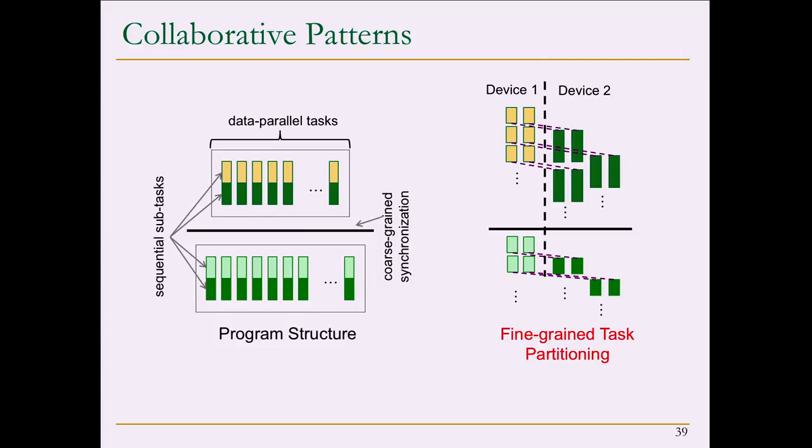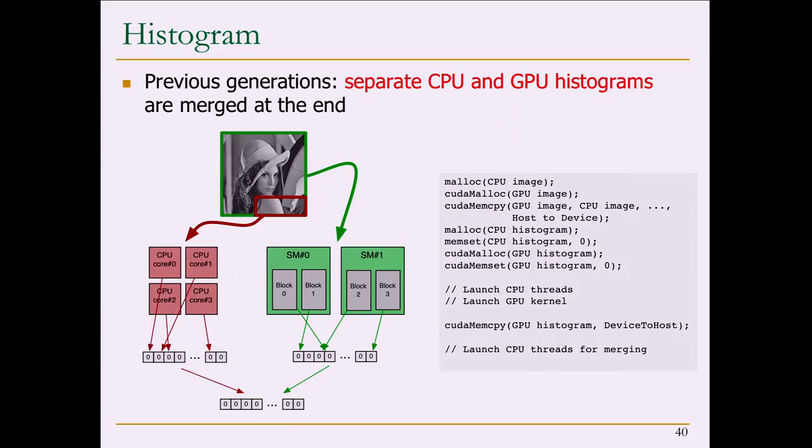So let's start taking a look at some use cases that can take advantage of these features and can implement these approaches. For example, the very first one is histogram. We already talked about histogram in the beginning of the lecture. Now let's talk about histogram again.